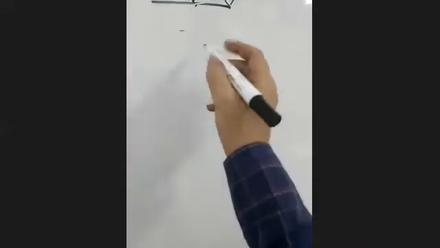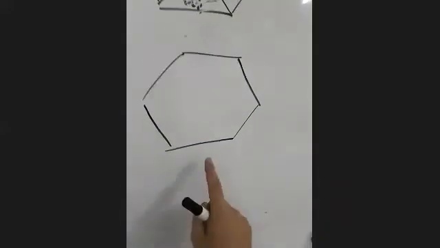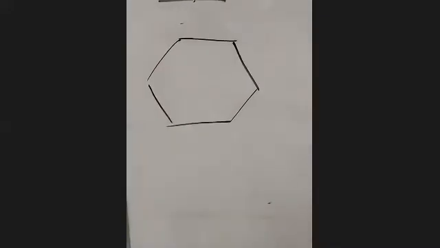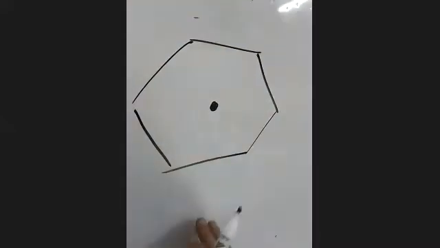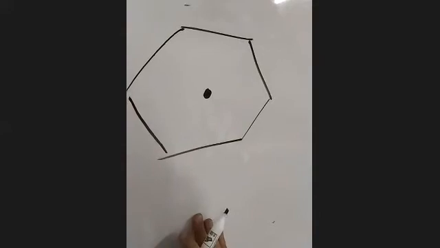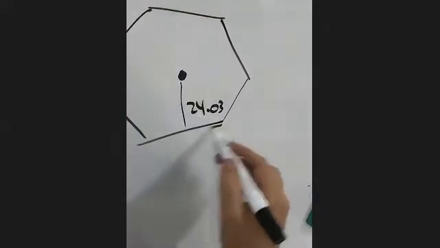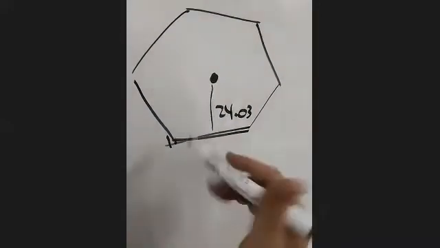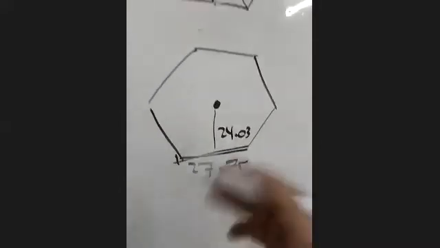So we have 6 sides here, guys: 1, 2, 3, 4, 5, 6. What's the height given? The height is 24.03 inches. What's the base, the side length? The base is 27.75. So what's your problem with the question?